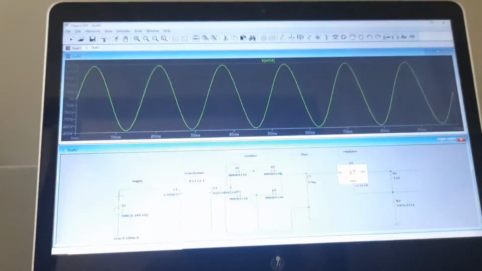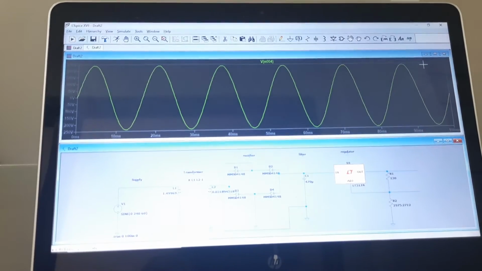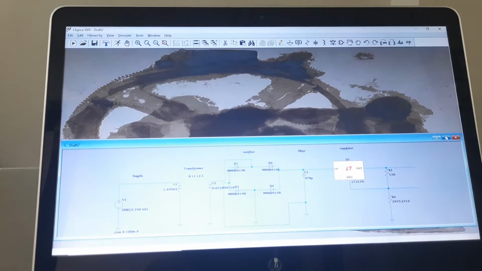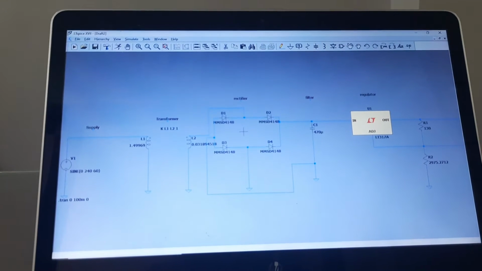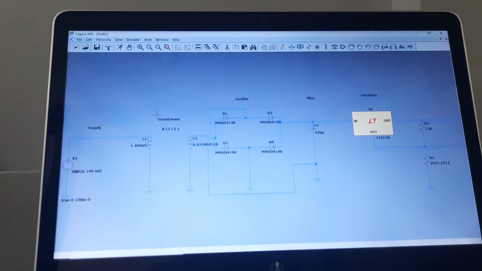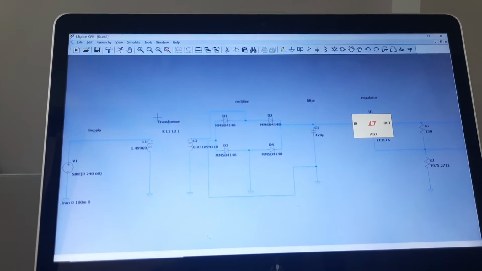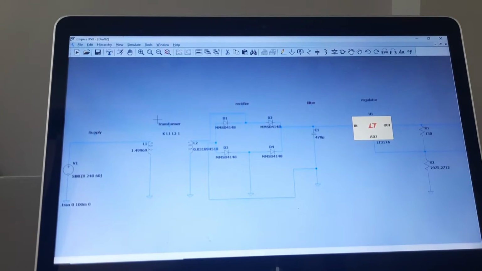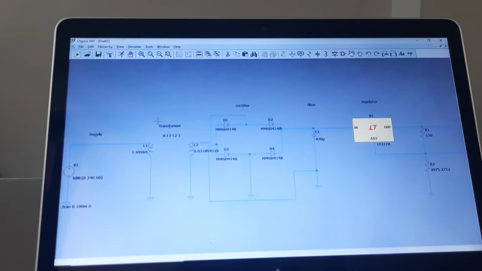For the next component, we have the transformer. As we all know, transformers are used to step up or step down certain voltage values. For this, we used a step down.